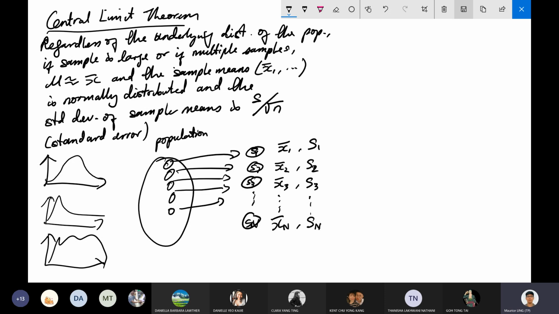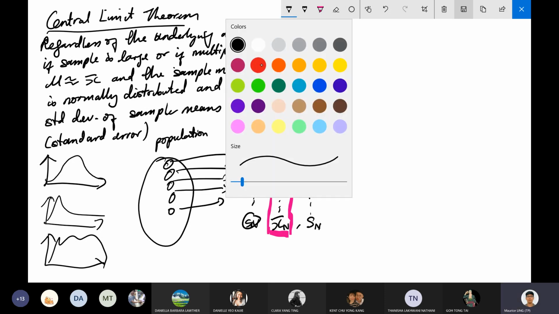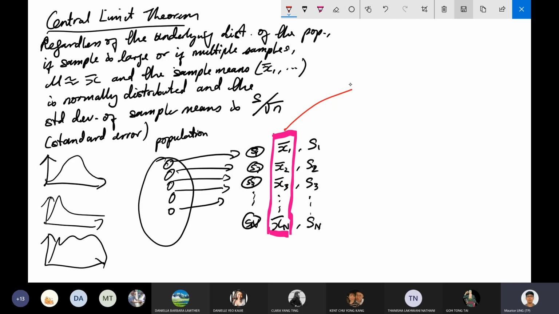What central limit theorem says is this. If I take the averages as a data set, these averages will be normally distributed. Okay.